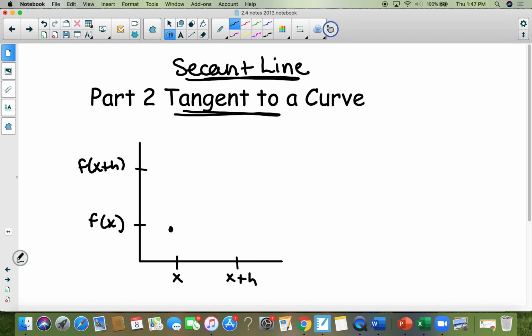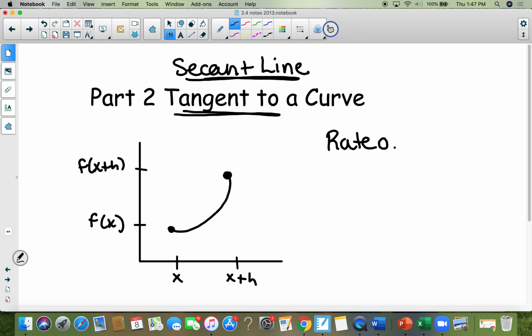And I'm just going to draw a shape from this dot to this dot, just like I did in the last problem. It's just a different shape. I'm going to make a shape like that. Okay, so if I asked you to find the rate of change, which is the slope, let's write that down.